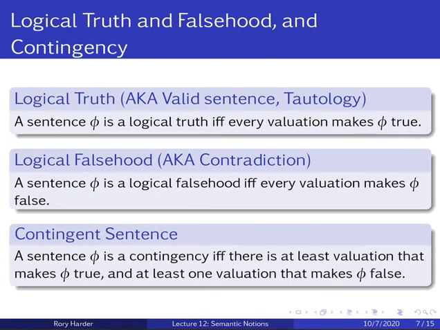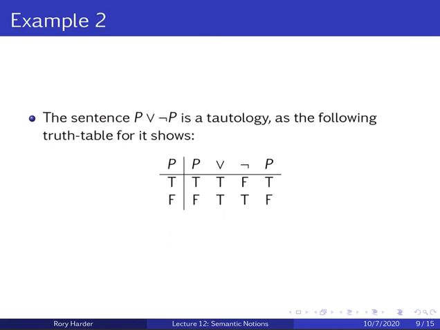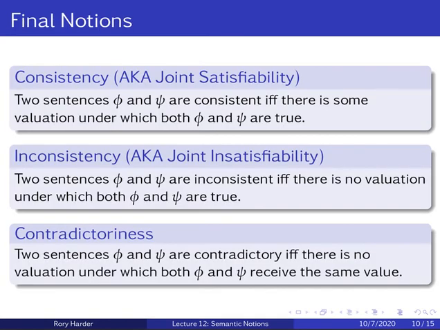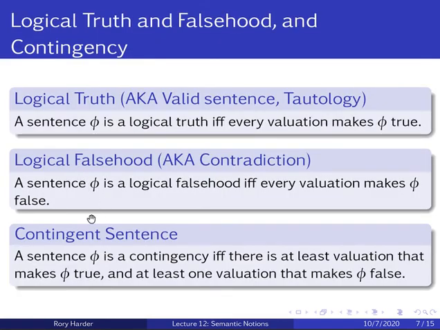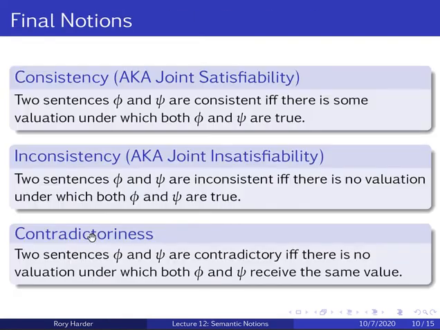And for this week and next, we will conclude the topic of our deductive logic by developing the technique of creating truth tables to test whether these various semantic notions, so for instance, entailment, equivalence, tautology, logical falsehood, contingency, and then consistency, inconsistency, contradictoriness, hold. So we'll be developing the skill of being able to tell whether sentences of our formal language have these properties or relations.